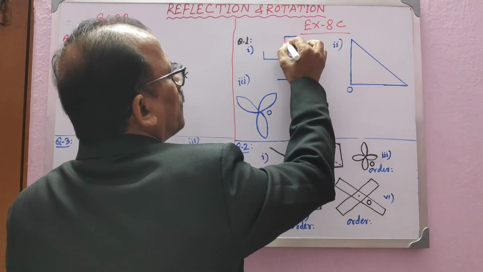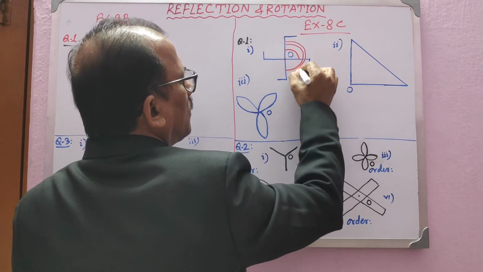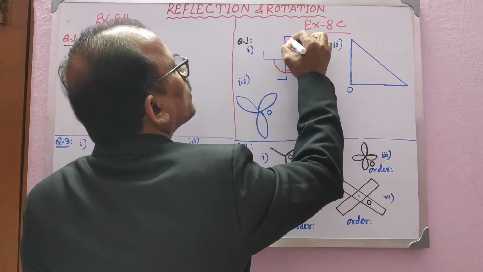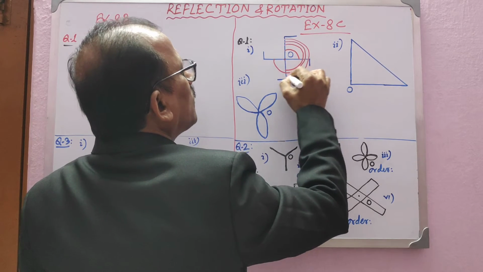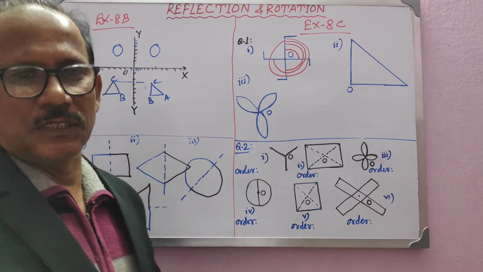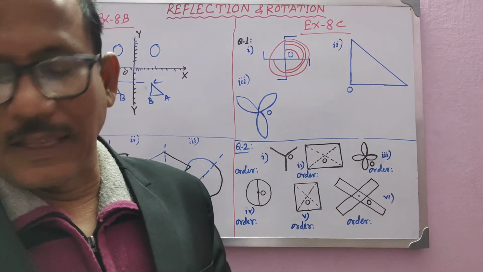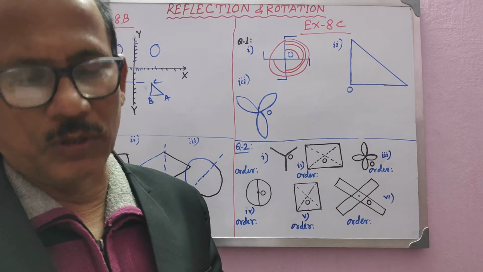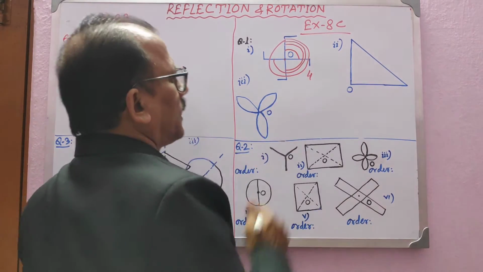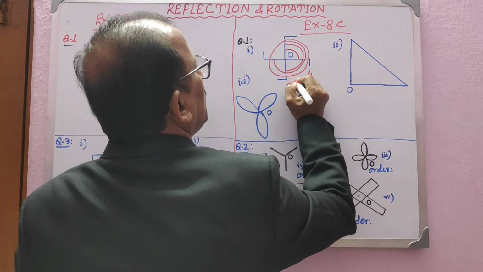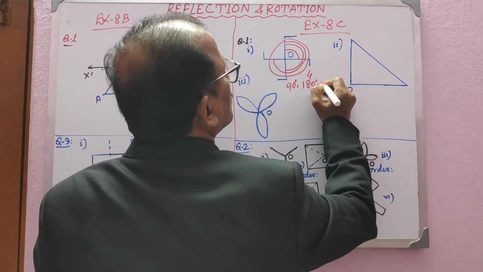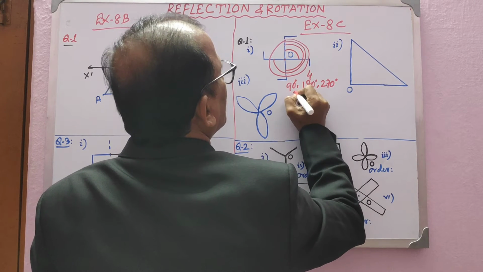And if you rotate this one to here, this one comes here, it will be symmetrical. And if you rotate similarly and it goes back to its original position, it will be symmetrical. So it will be symmetrical on rotation about the point O, in order 4. This will follow order 4. That is, 90 degrees, then 180 degrees, then 270 degrees, and 360 degrees.